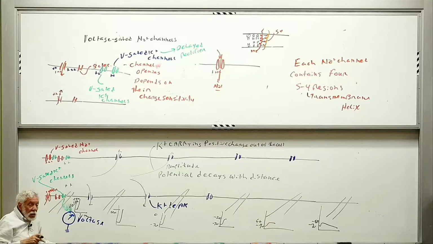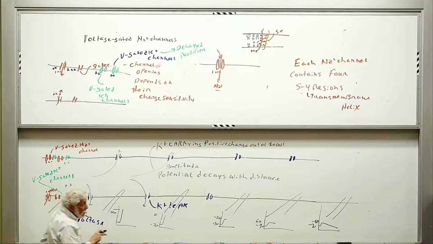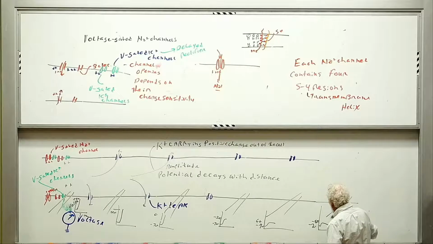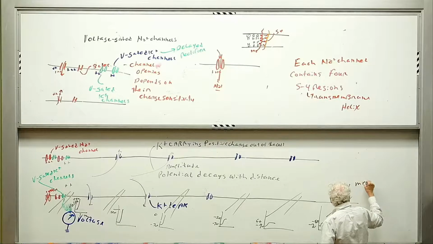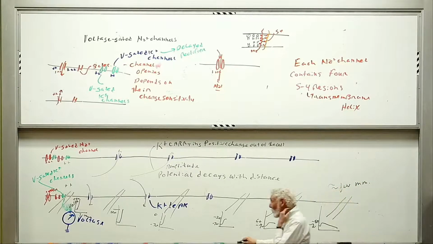This happens surprisingly fast. If you would generate an action potential at this point, you would see a potential that was no more than a millivolt within a few millimeters. Well, think about that for a minute.